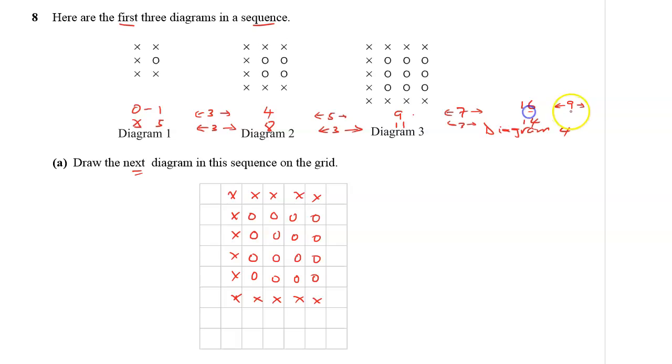Therefore, 16 plus 9 should give us 25 for diagram 5.